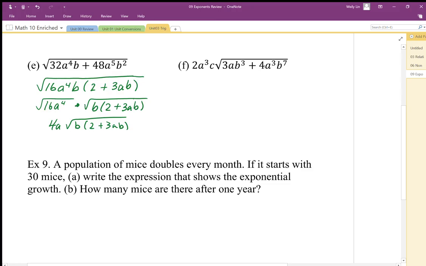For f it's the opposite. If we're going to put this into the radical, we need to first of all multiply it in. We have to first square it to get it inside the radical. So a 6 c squared, and then we can apply the multiplication across the plus with the distributive property.